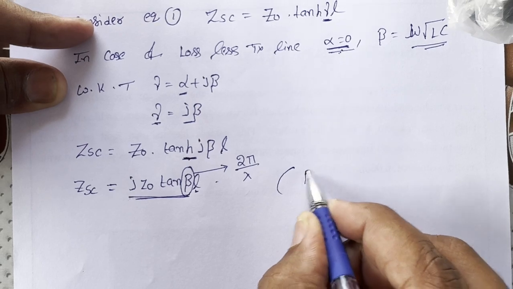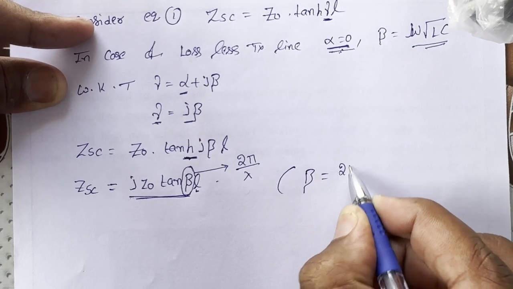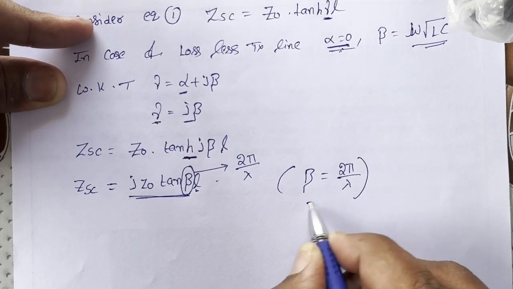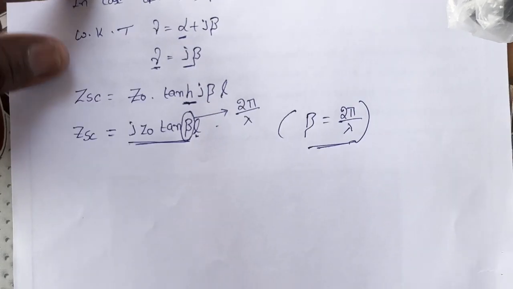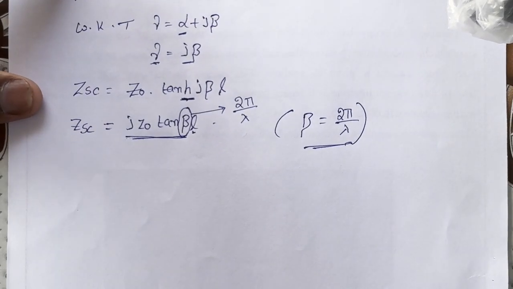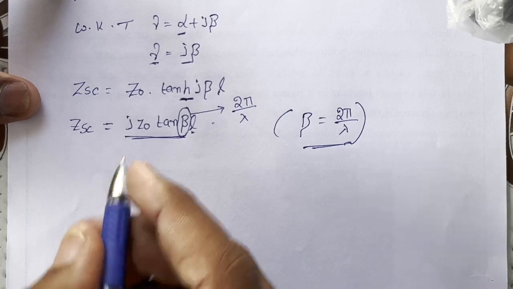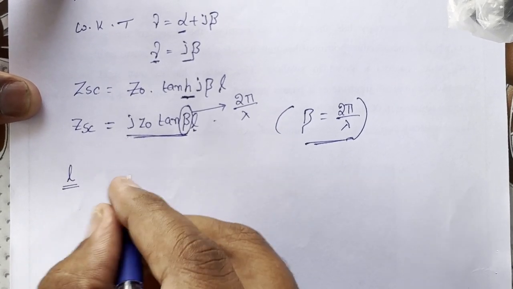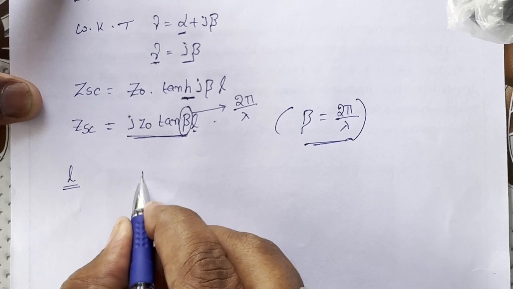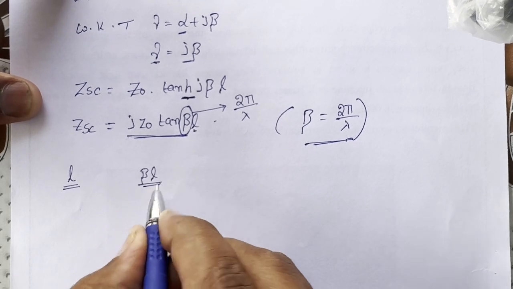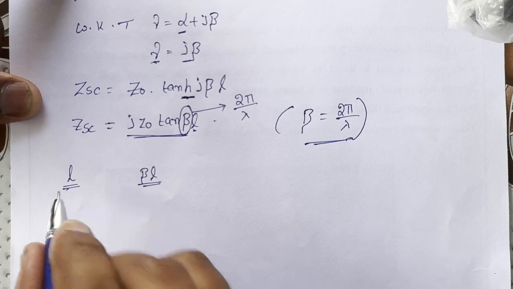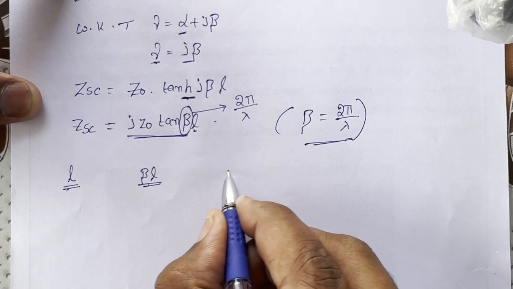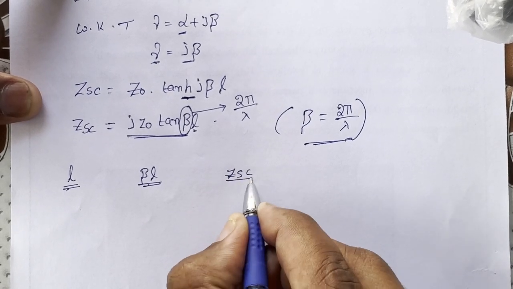Now I am constructing the table to plot. Here is the length L, the beta L value, and the ZSC value.